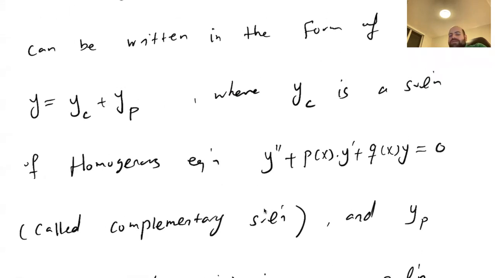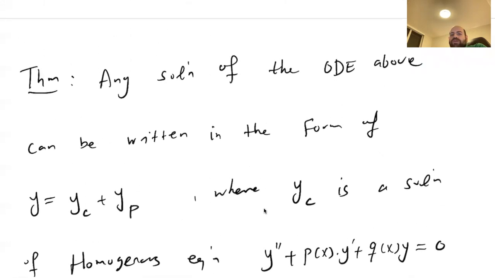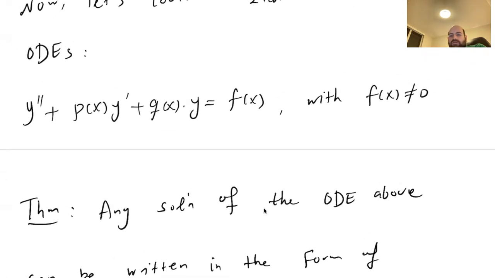So basically, what does this theorem do? This theorem tells us that we want to find all solutions of the non-homogeneous equation. But if we can find one of the solutions for this non-homogeneous ODE, which we can call yp, a particular solution, then we can find all the solutions using that particular solution.